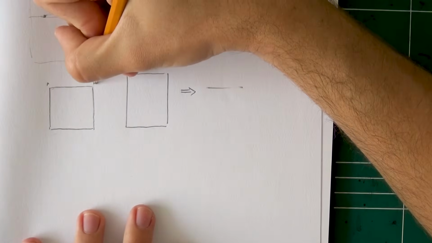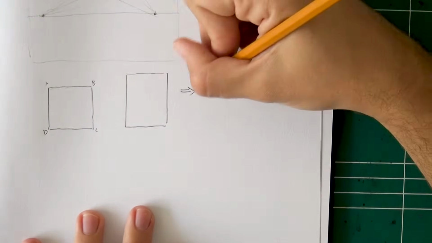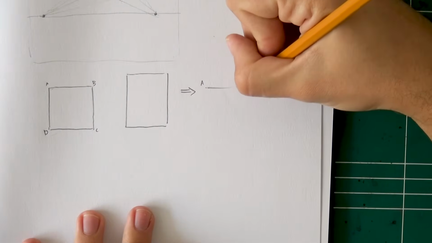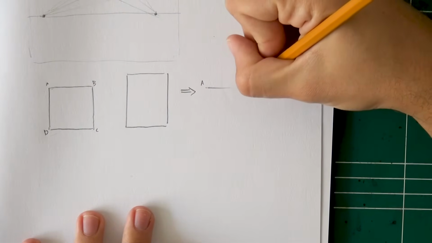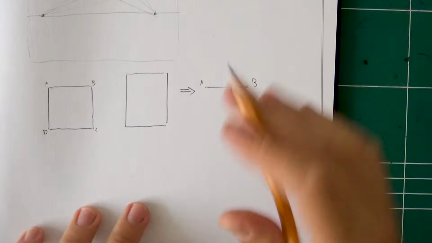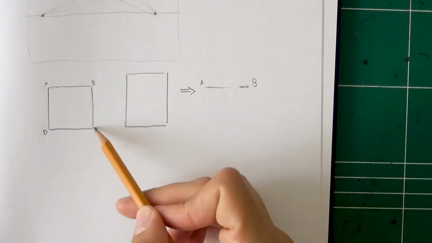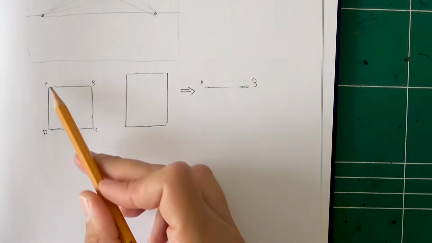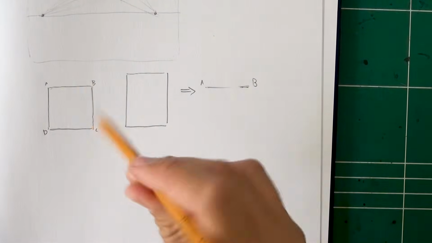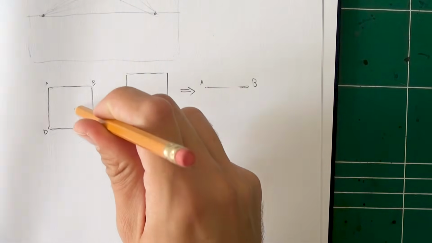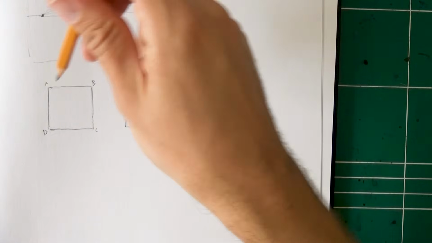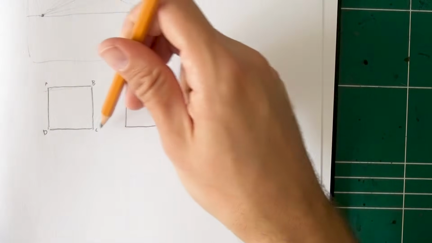So that's A, B, C, D. So we have corner A and corner B, right? Now, we're looking at it from above. So what happens is this, okay, DC is going to be farther from us compared to AB. Why? Because instead of looking at it from the front, we're looking from above. So this is closer to us than this.